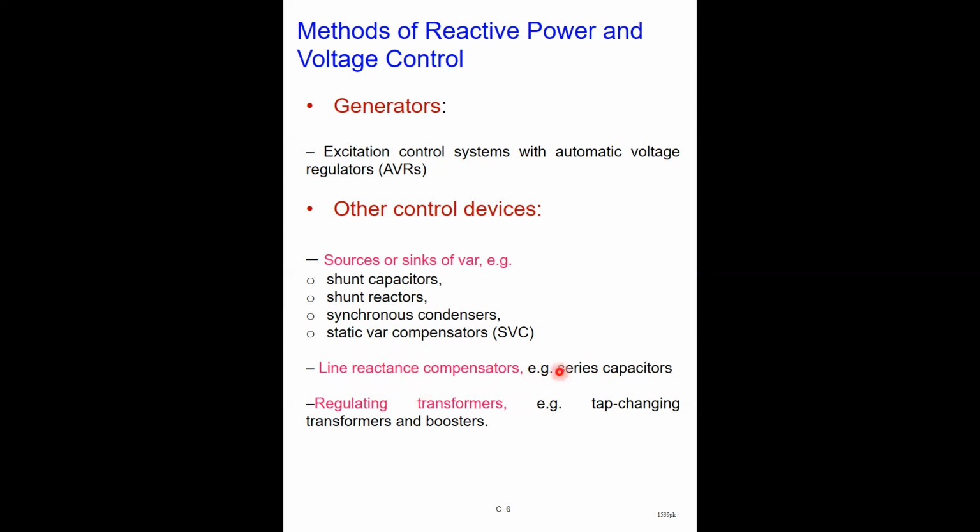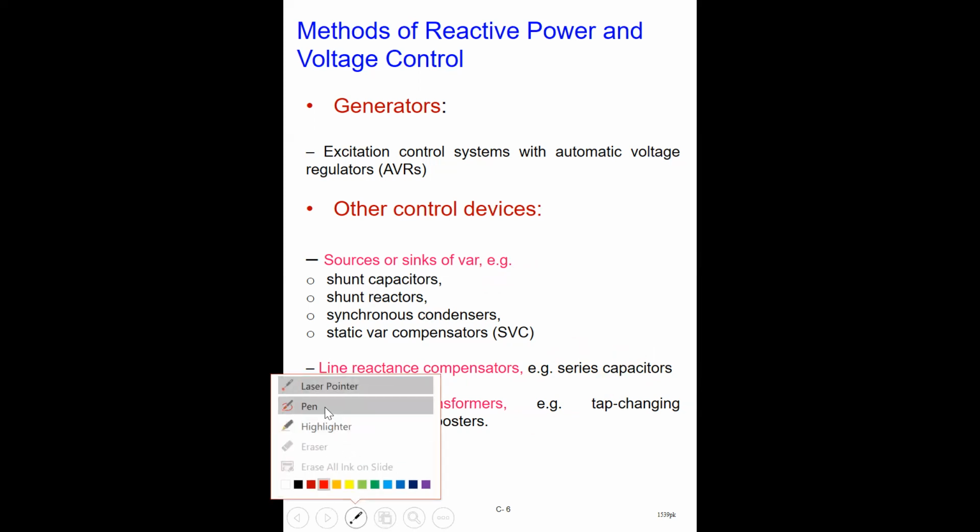The devices we talked about are placed in shunt, which means they will be across the line, between the line and the ground, for each phase. But series capacitors are in series with the line.